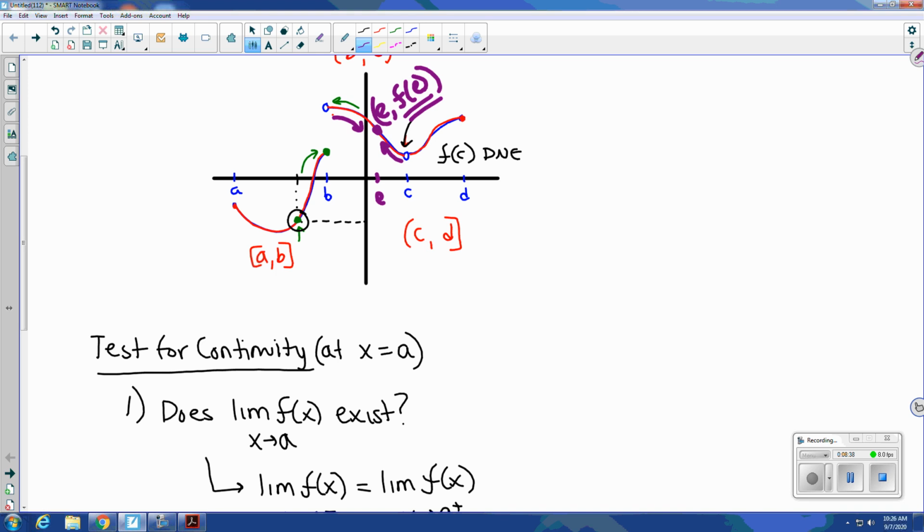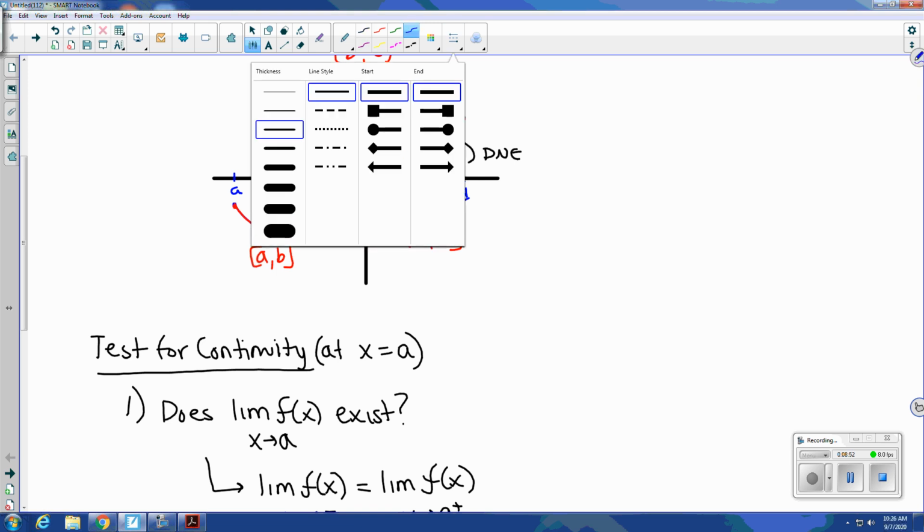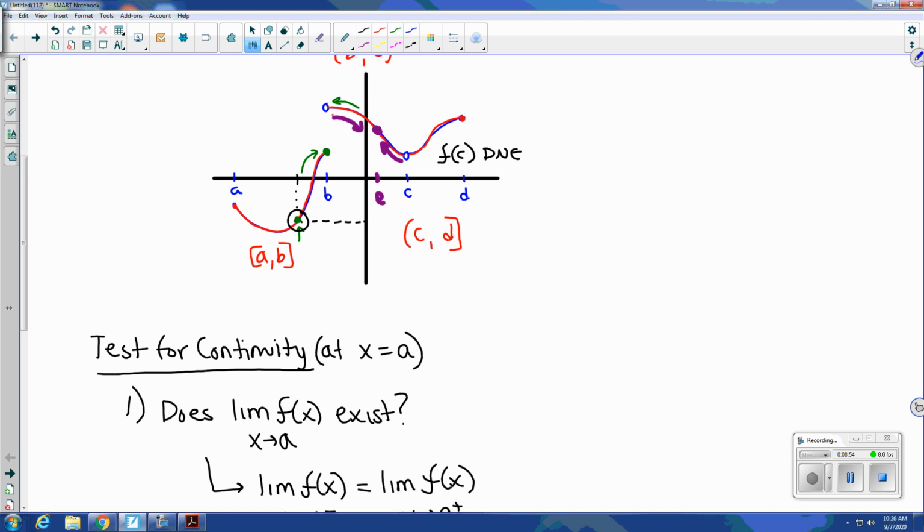Now, where does that break down? What's an example of having a limit existing, but the function output not equaling that? Well, if we go back to this open circle on point C, we can see that the limit exists at C. If I approach C from the left and from the right, the limit exists.